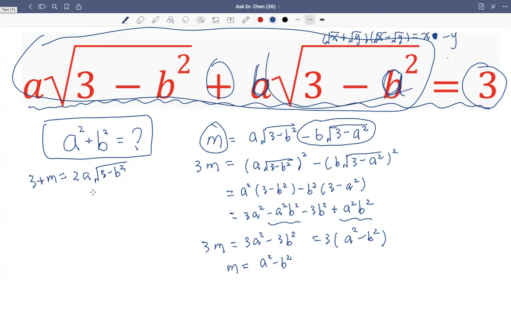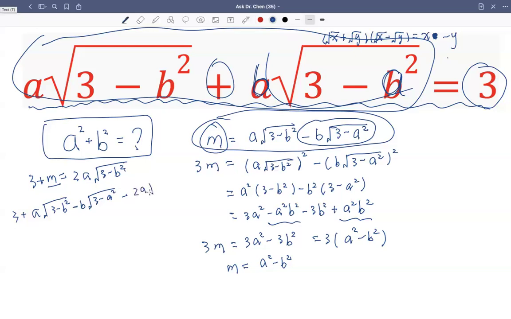So we can rewrite m. So let's rewrite m. So we have 3 plus m is a square root of 3 minus b squared, we're going to use this equation, minus b square root of 3 minus a squared. So we just substitute this m into its definition, into how it's defined. Then minus, we're going to move this 2a square root of 3 minus b squared to the other side. Minus 2a square root of 3 minus b squared.